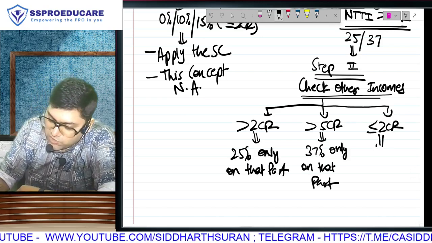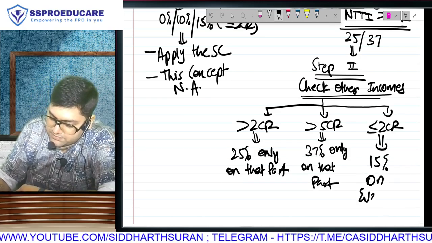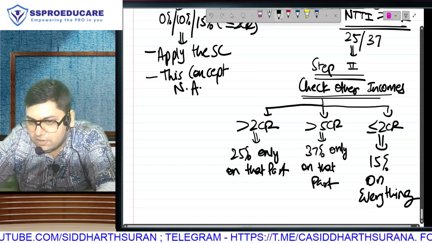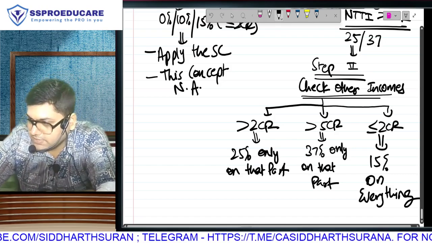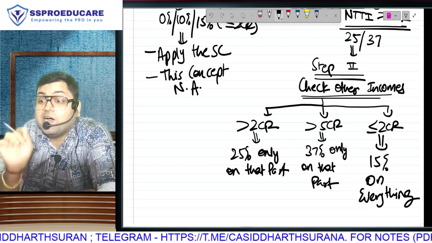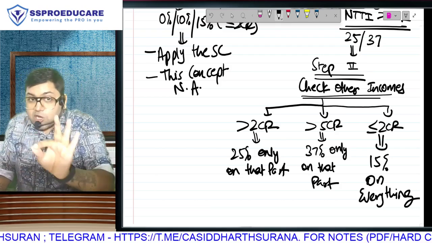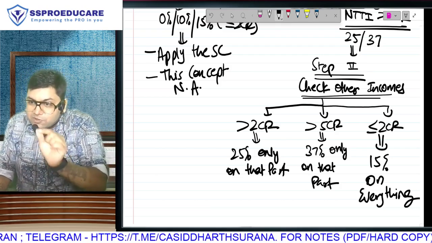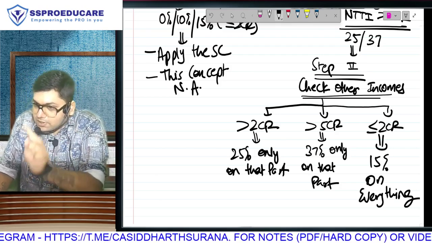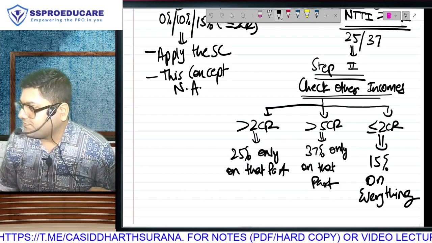If that other income is not more than 2 crore, so you will apply 15% on everything. 25, 37 not applicable. In other words, to apply 25 and 37, you have to check income other than 5 special incomes. So the confusion is, normally surcharge is not applicable on the basis of any individual income. Surcharge is applicable on the basis of total income. But 25 and 37 is applicable on the basis of individual income.